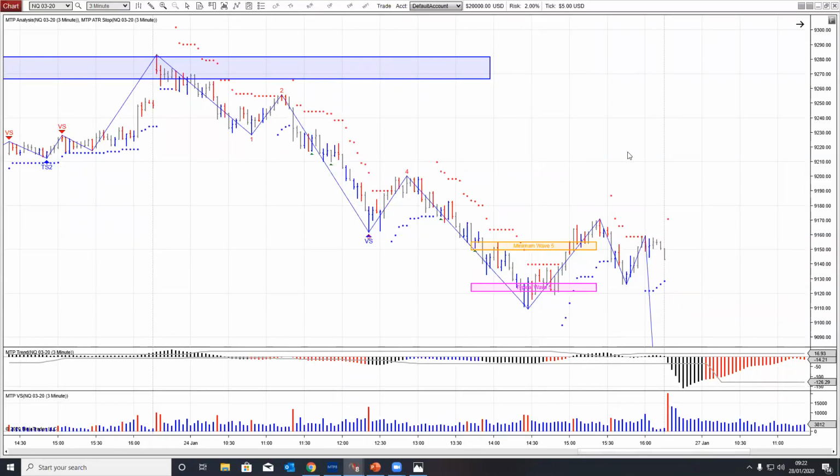Because let's face it, if it's complicated and you're trying to do stuff that's alternate counts and X waves and all this kind of stuff, it's basically just confusing. It really is. And if it's confusing, why on earth would you want to add confusion into your analysis? There's absolutely no point. Isn't it so much better to stand aside and wait until the patterns become clear?